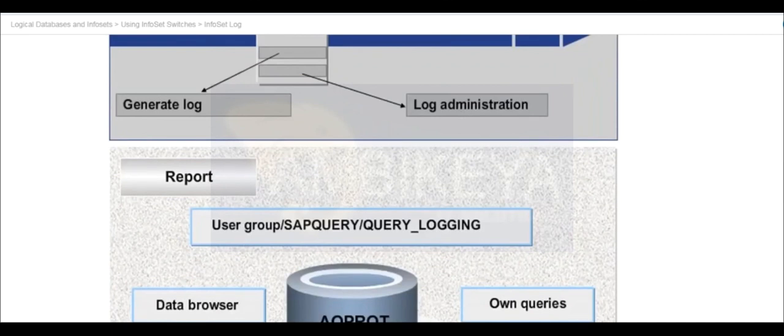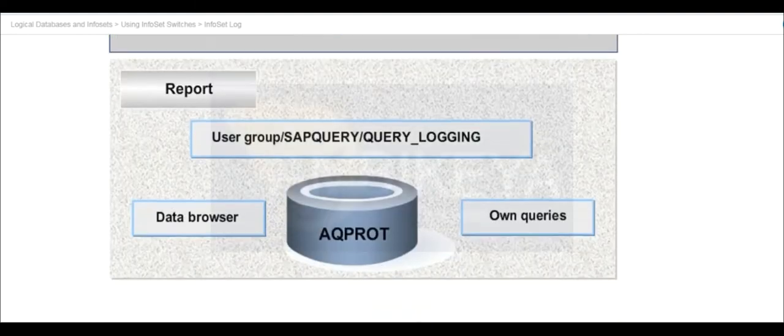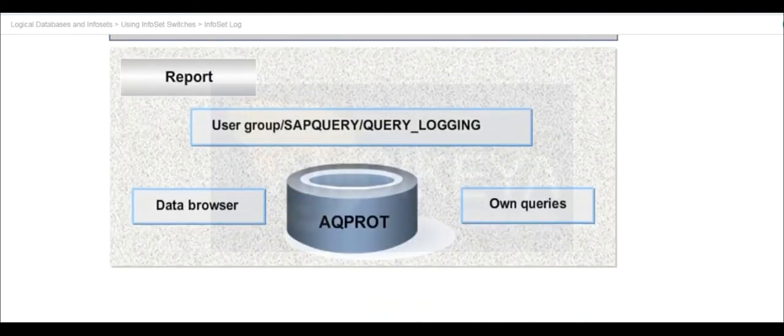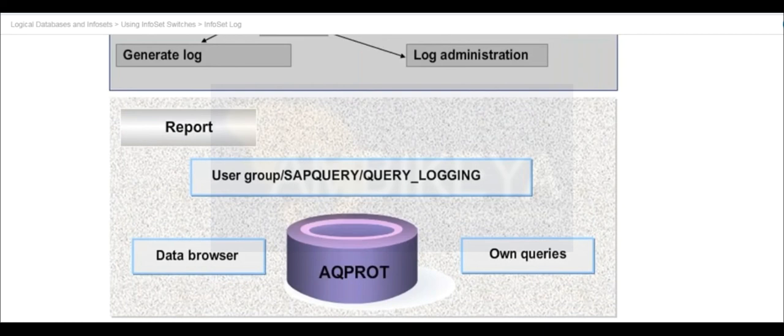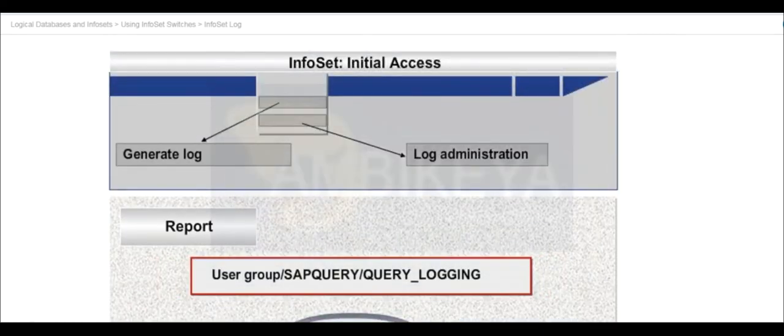The system saves information such as the user and entries on the selection screen in table EQPROT. You can report on this information using the data browser, existing queries from user group /SAP/QUERY/QUERY_LOGGING in the user group SAP Query SQ in the global work area, or with your own queries.